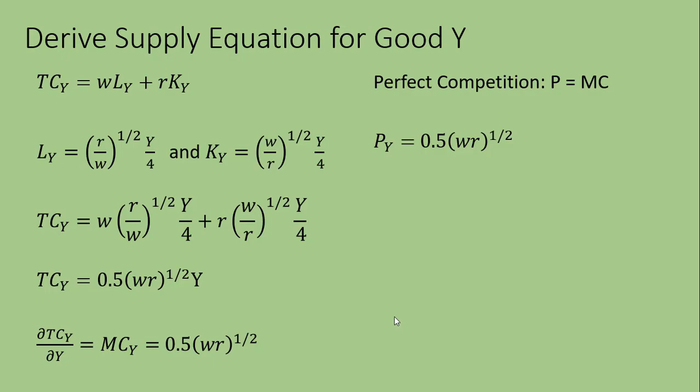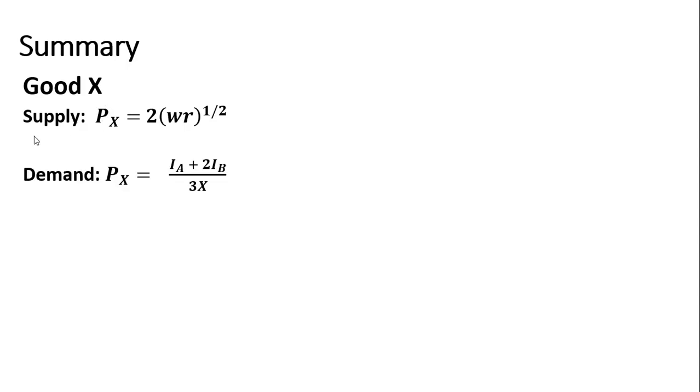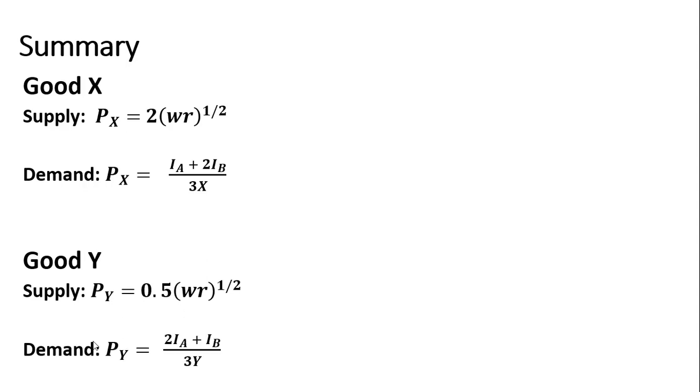Okay, moving on. So let's summarize what we have so far. For good X, we have a supply of good X and the demand for good X. For good Y, we found the supply of good Y and we found the demand for good Y. And for labor, the supply based on the initial endowments of labor at the very beginning was 300.